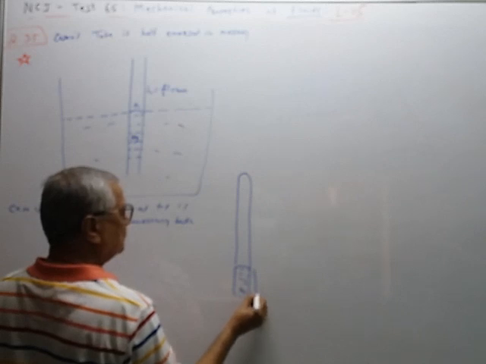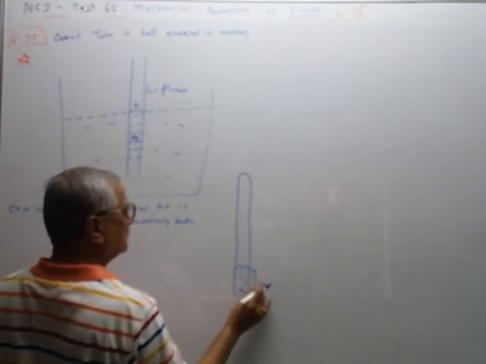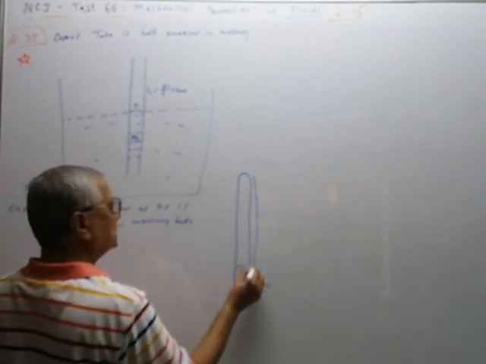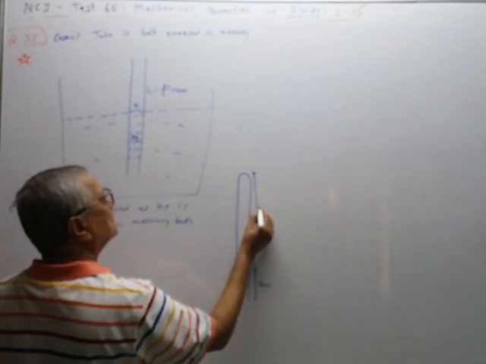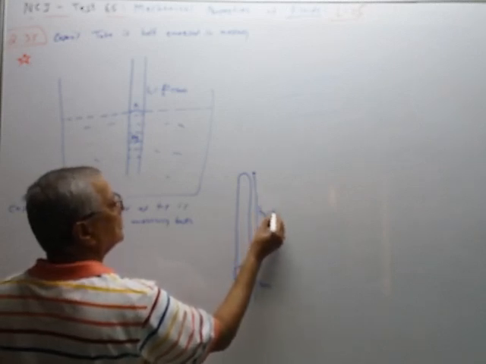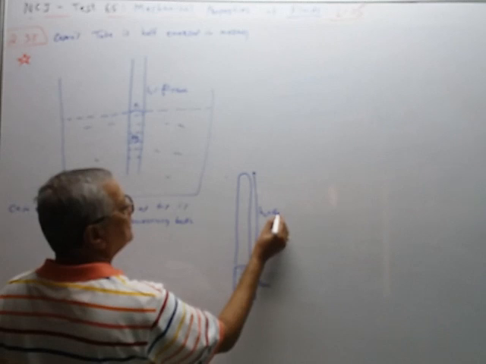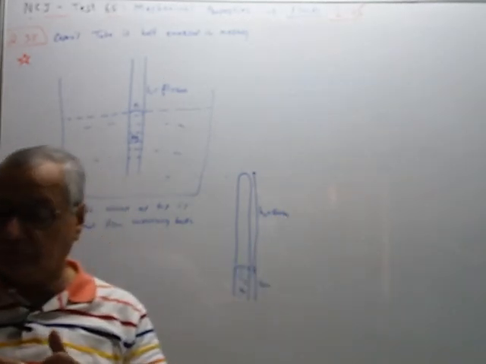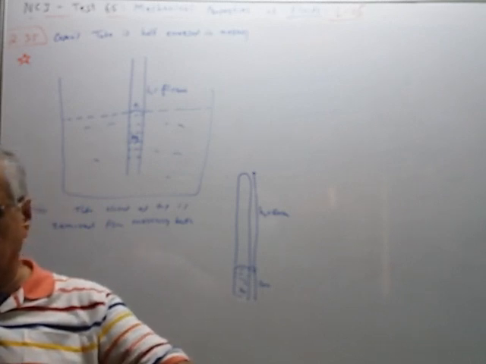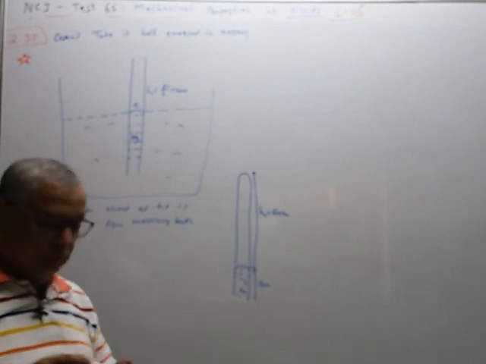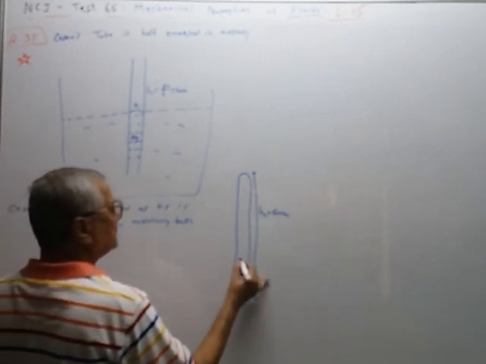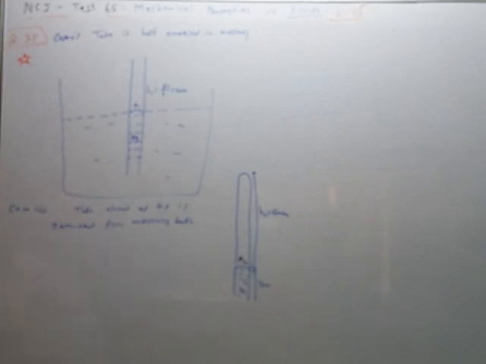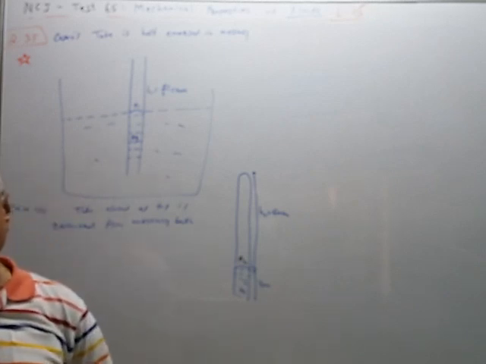So this is 20 centimeter. And therefore this H2 is equal to 60 centimeter. So this pressure is P2.